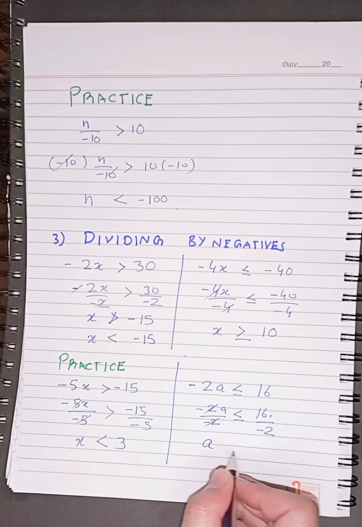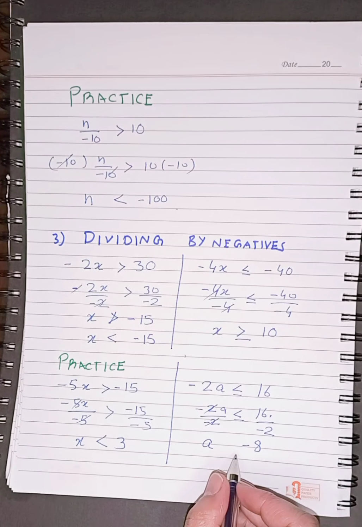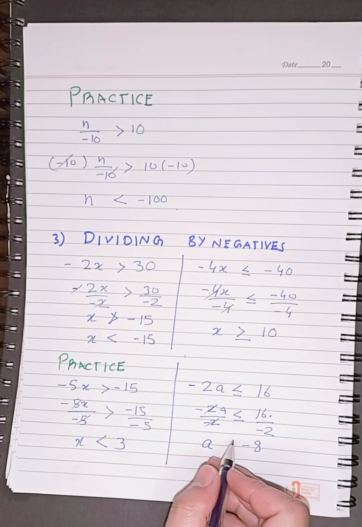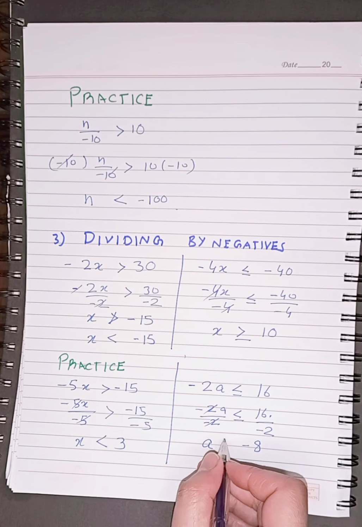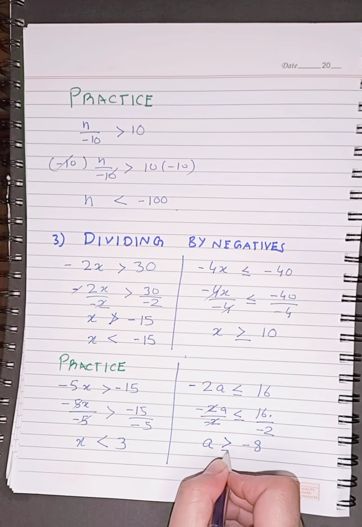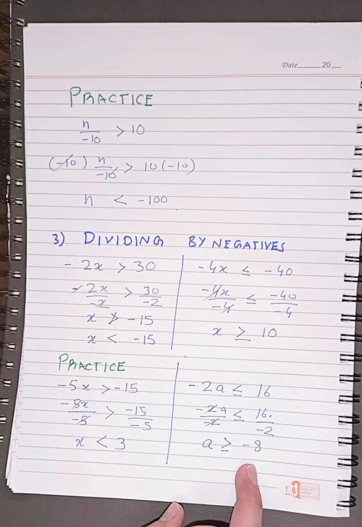You have a here and minus 8 here, and obviously your sign will be switched because you are dividing by a negative. Previously it was less than or equal to, now it will be greater than or equal to. So a is greater than or equal to minus 8. This is your answer.